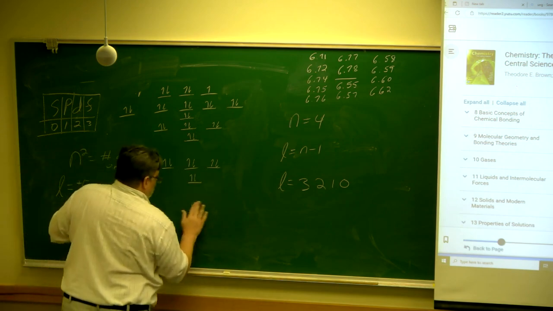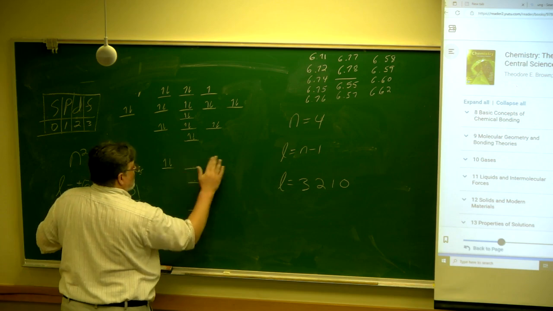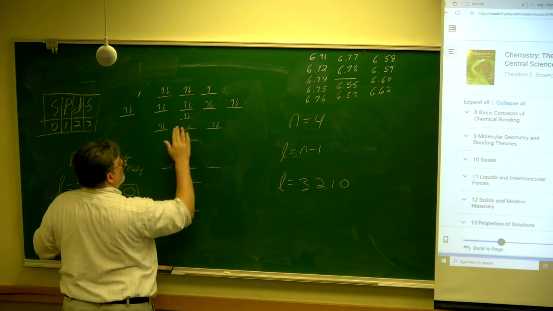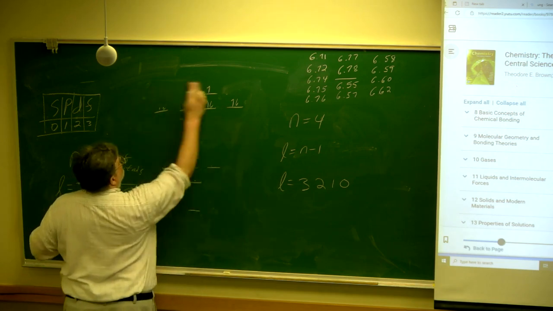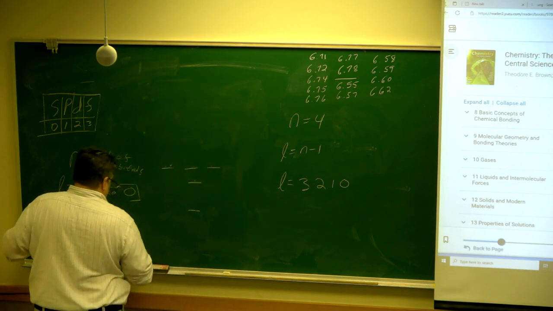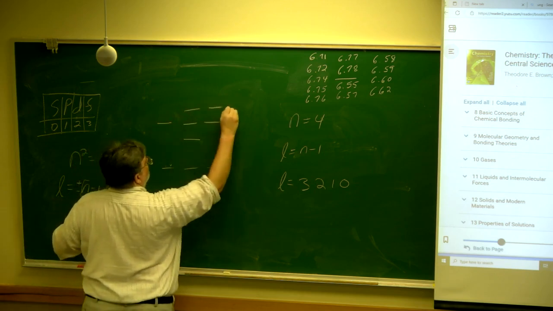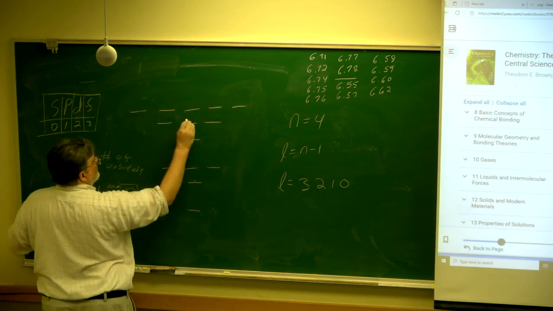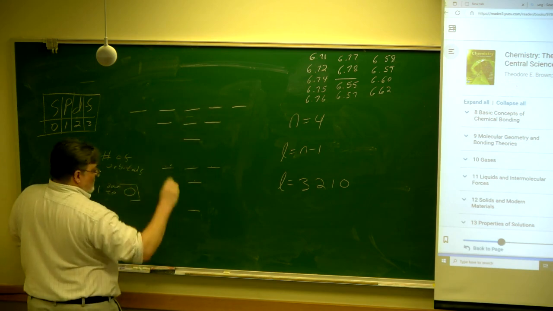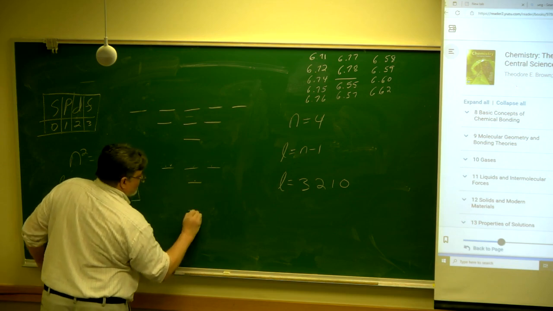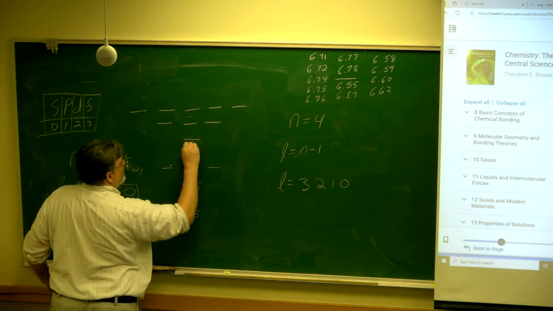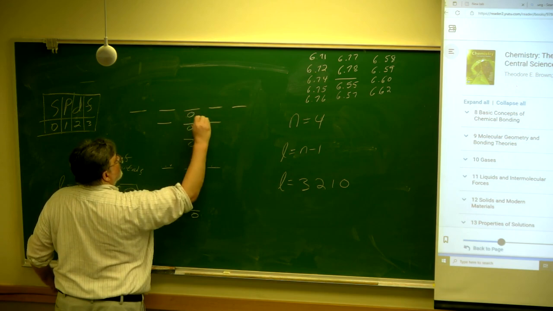So this was 1, 3, 1, 3, 5. There is one more 1 there, but I wanted to relabel this 0, 0, 0, 0, 0.